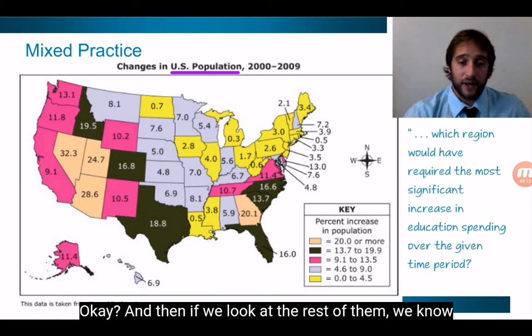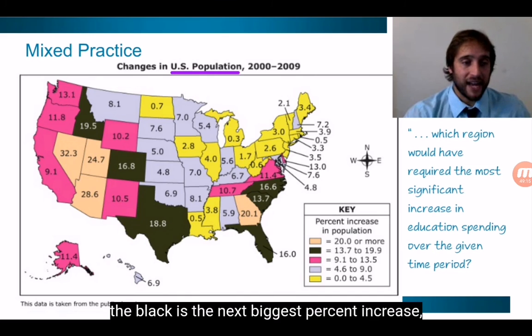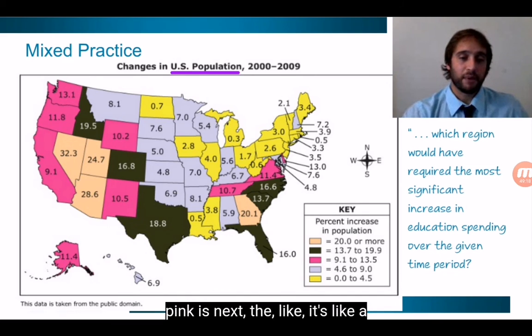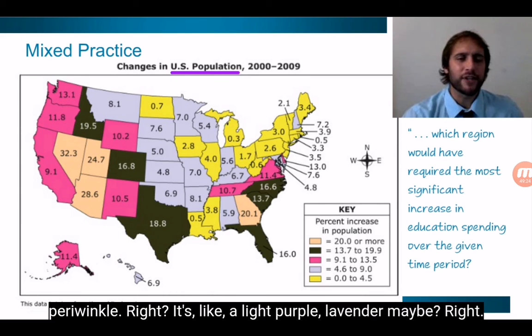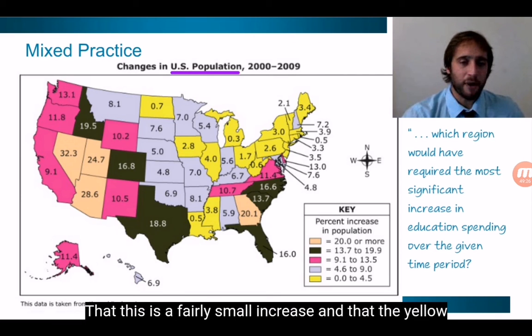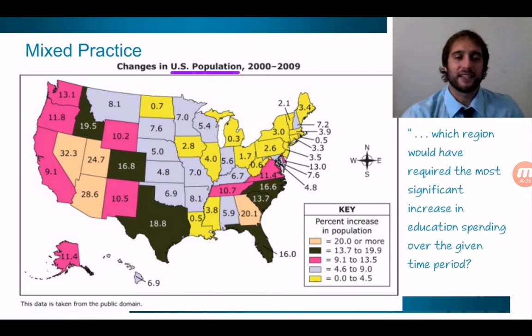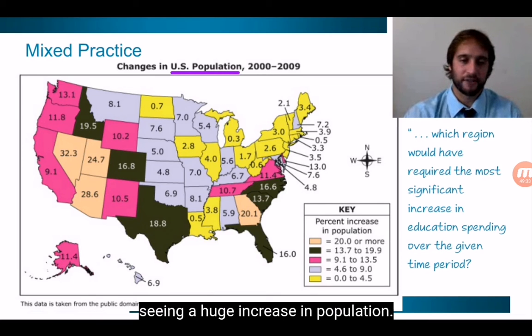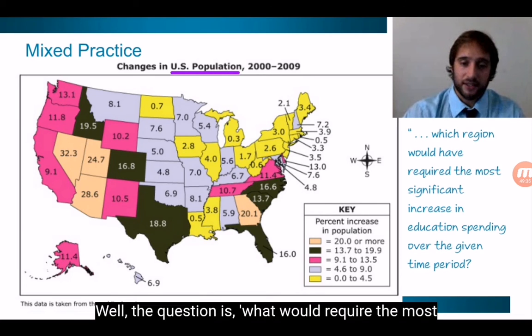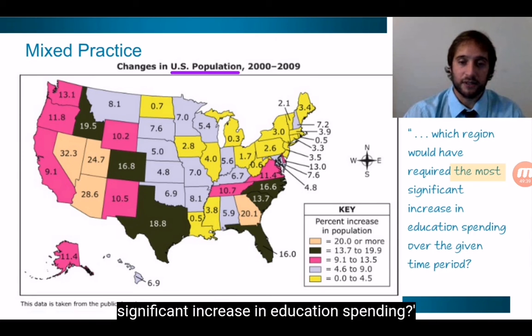Then if we look at the rest of them, we know the black is the next biggest percent increase. Pink is next. It's like a periwinkle, a light purple lavender maybe. That is a fairly small increase, and the yellow is areas that aren't seeing a huge increase in population. Well, the question is, what would require the most significant increase in education spending?